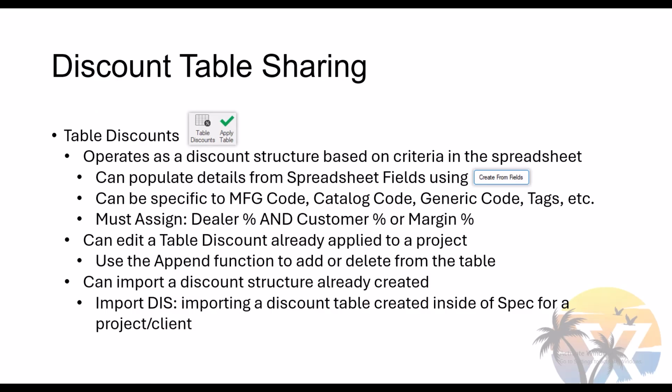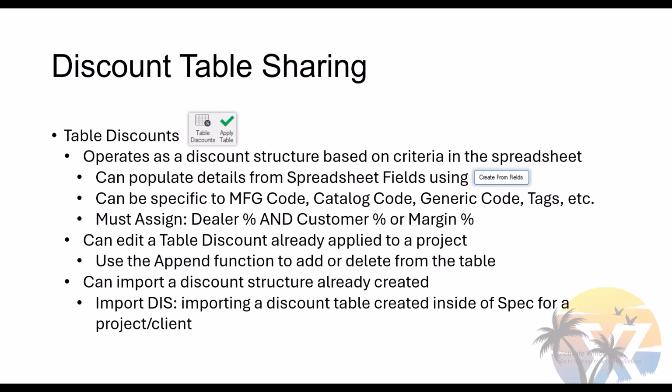You can also share discount tables. Discount structures can be highly complicated, and remembering all of the various discounts from all of the various manufacturers can be tiresome and become complicated rather quickly.